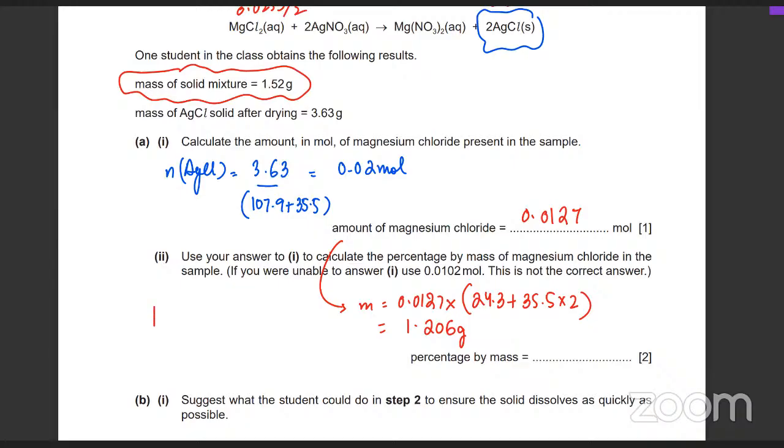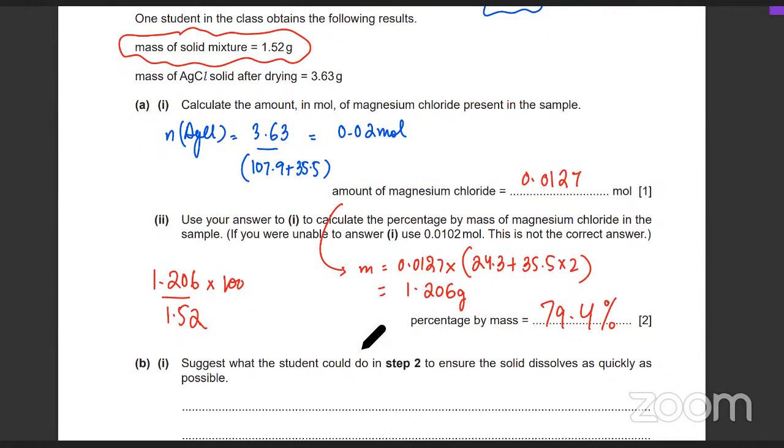So it's the mass of MgCl2, which is 1.206, divided by the total mass, 1.52, multiplied by 100. 79.35 means 79.4. So you're getting 79.4%. Okay, so you figured out the percentage.